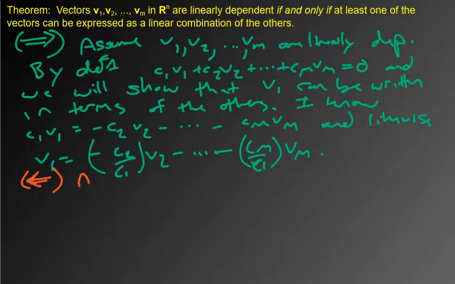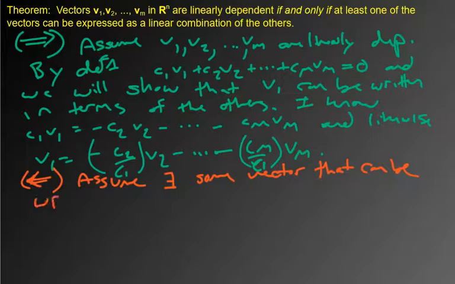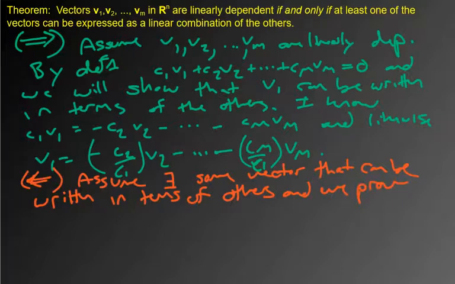We could just assume there exists some vector that can be written in terms of the others, and we prove it is linearly dependent.